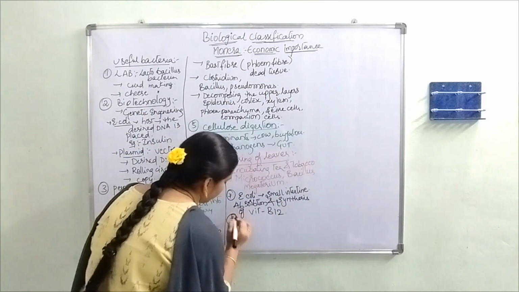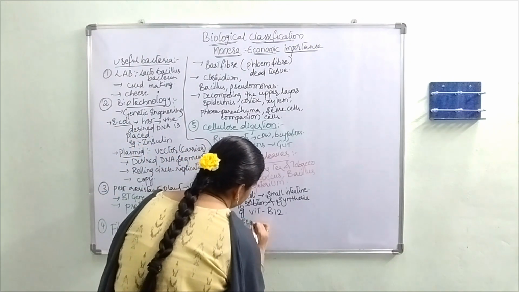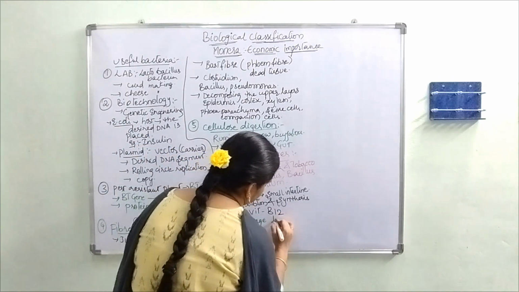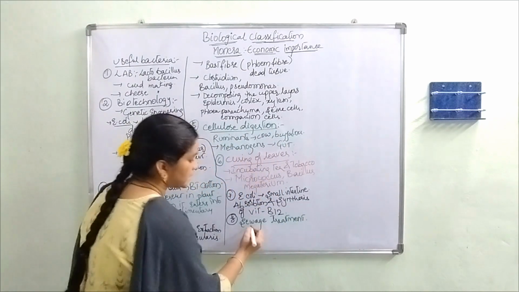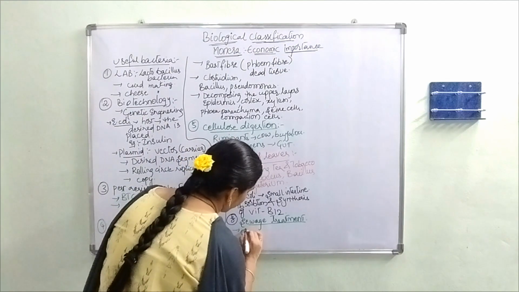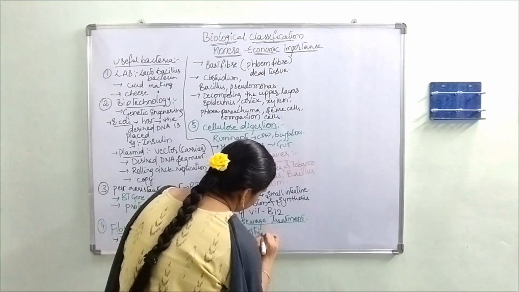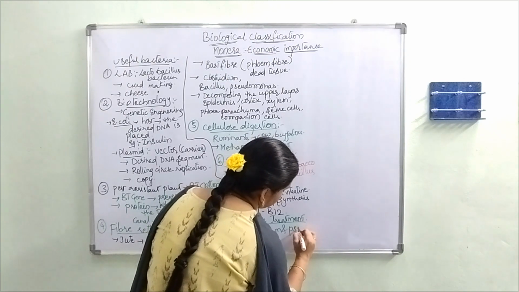Next, number 8 is sewage treatment. This sewage treatment is done by using bacteria such as Clostridium and Pseudomonas.